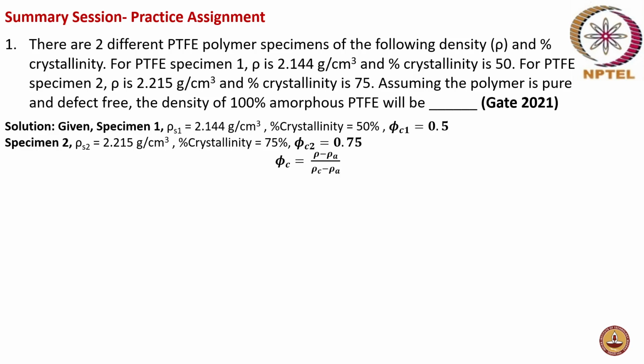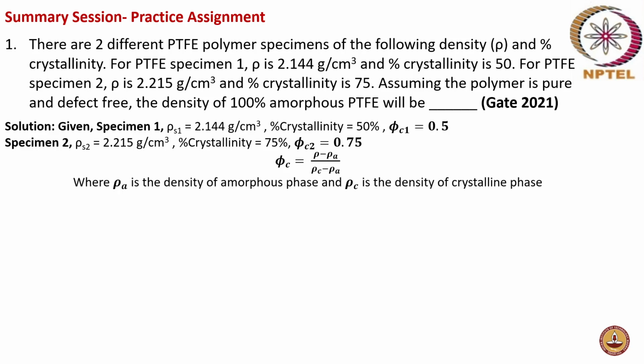So there is a relationship between this volume fraction of the crystalline phase and the total density, and the amorphous and crystalline phase densities, where rho A is the density of the amorphous phase and rho C is the density of the crystalline phase. From this, you can incorporate for specimen 1 what are the knowns.